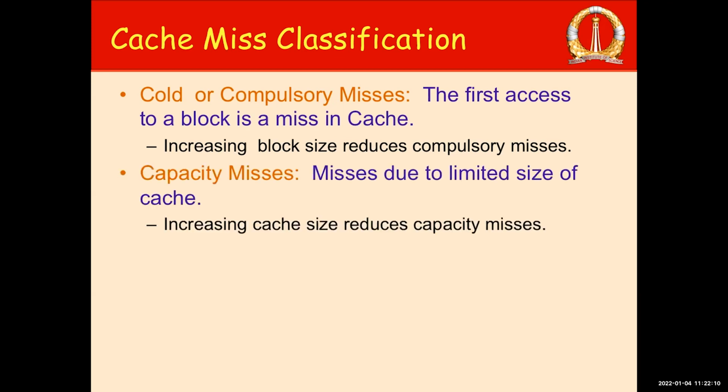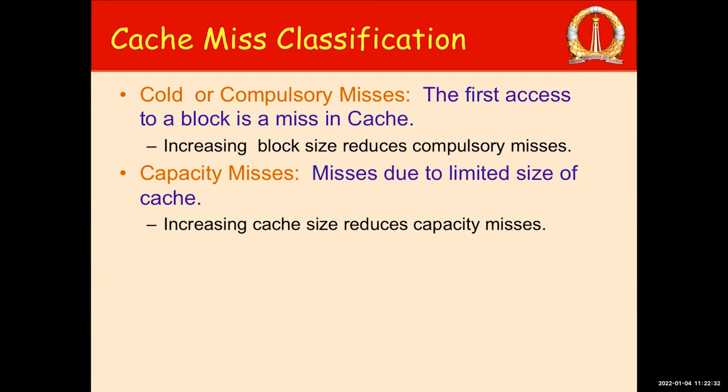The second type of miss is called the capacity miss, and these misses happen because of the limited capacity of the cache. Remember, the caches are of size a few kilobytes, whereas the main memory is of size a few megabytes or maybe even a few gigabytes. So not all the entries that you are trying to access could be fitted into your cache.